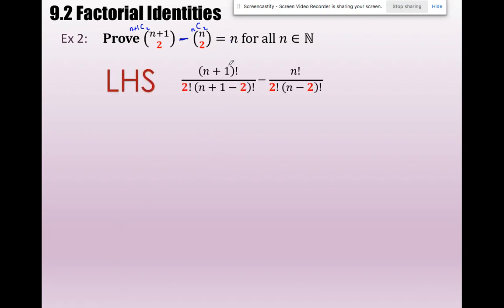So I'm leaving the right-hand side alone, and I'm just starting with the left-hand side. So I had a fraction, I had a minus sign, and then I expanded. Step 1 was expand the combination formulas to get my factorials in there.